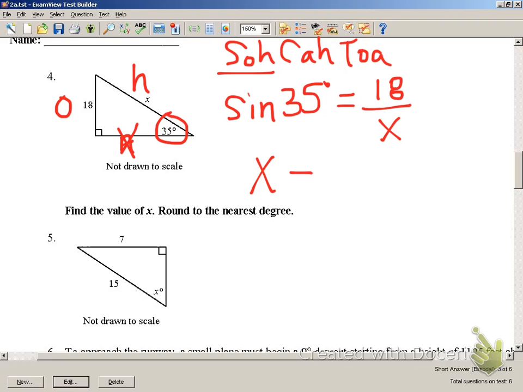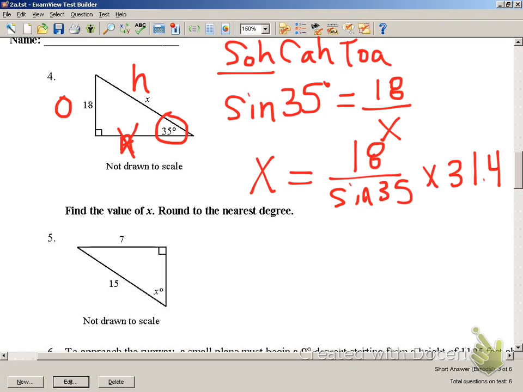Once again, if x is in the bottom, we're going to say 18 divided by sine 35. Plugging that into our calculator, we get 31.4 for x, rounding to the nearest tenth.